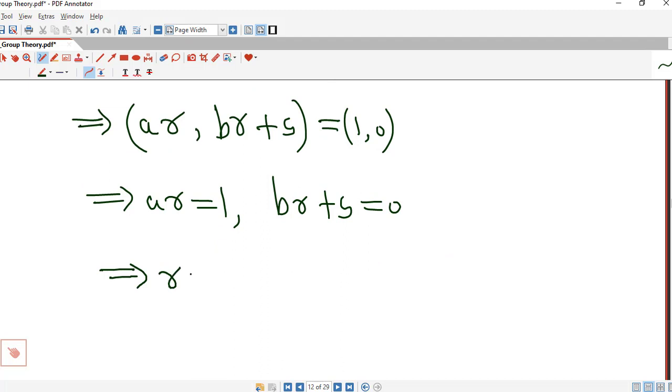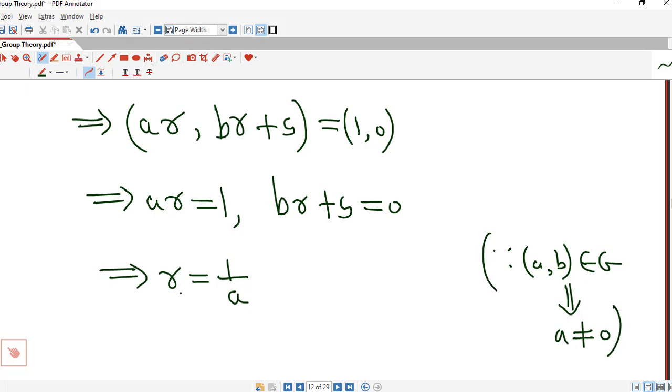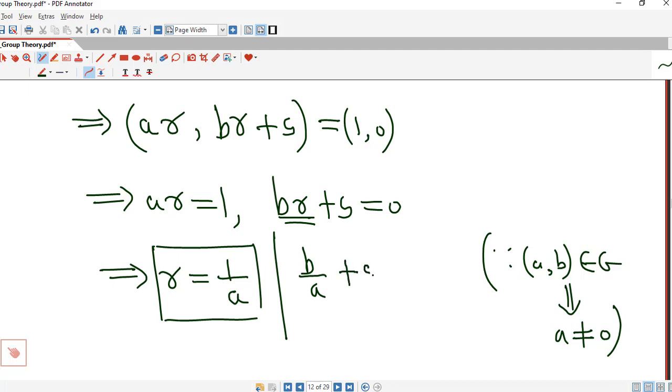This gives me R equal to 1 by A, and because (A,B) is an element of G, we have A is non-zero, so this is meaningful. We can divide by A because A is non-zero. And if we put R equal to 1 by A here, we have B by A plus S equal to 0.